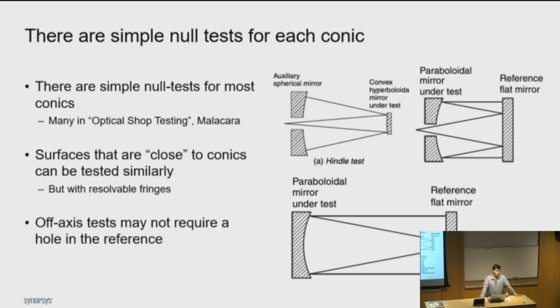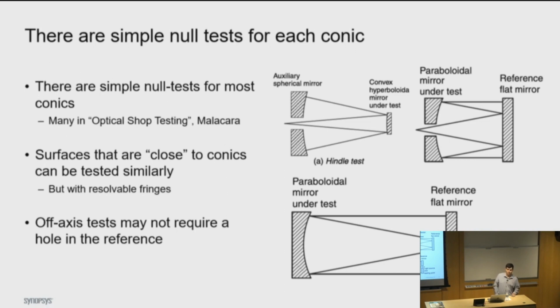The conics also provide us some advantages when we're talking about null tests, because there are simple null tests available for each conic. The pictures that we show on the right-hand side are some examples of these Hindle tests from Optical Shop Testing by Malacara. And basically the idea here is that you leverage the stigmatic imaging properties of the conics in order to create your null test.